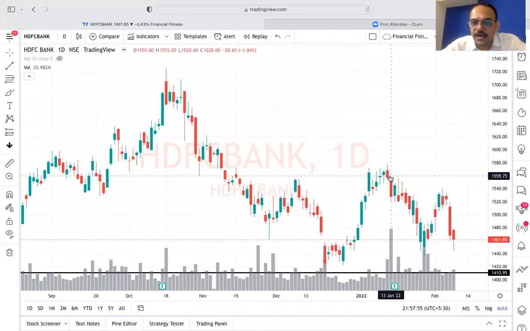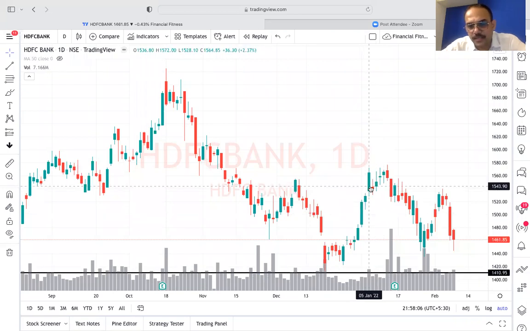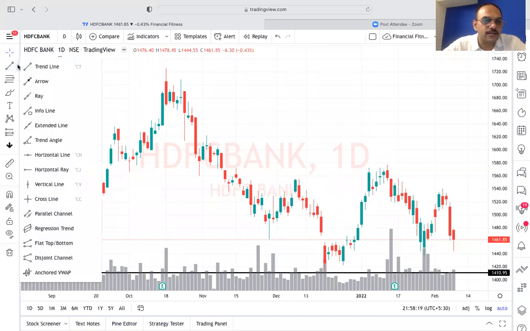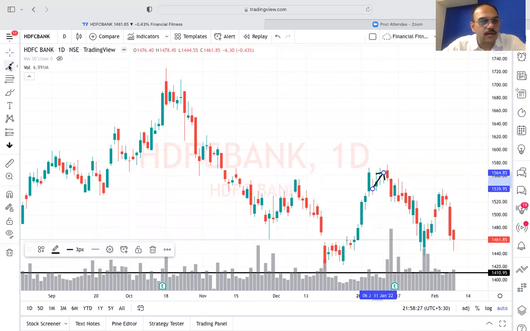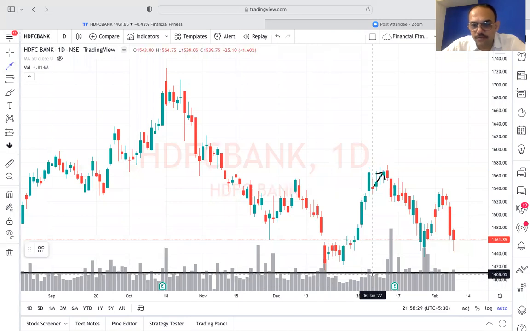Gradually, the volumes are not very encouraging. If you see the volumes, this candle, 5th Jan, 6th Jan volume is reducing, 7th Jan, 8th Jan, price is going up, right? If I draw this arrow from here to here, the price has gone up, correct? Yes. But in the same duration, the volume has relatively gone down.